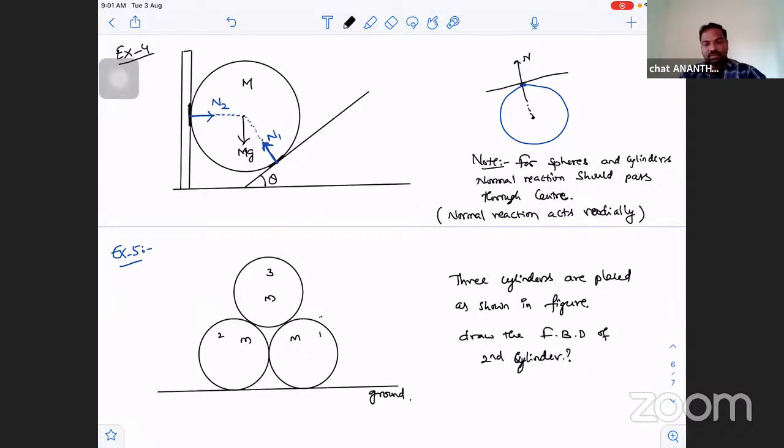Nikhil, first you draw in your notebook. Then you can answer me. No problem. Always try yourself first. In your notebook you draw all the things, then you can answer.